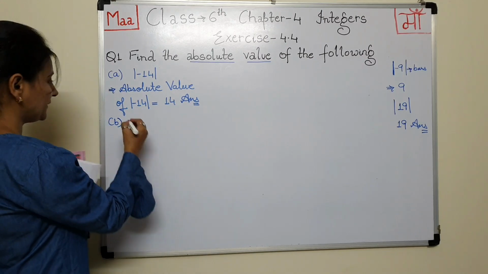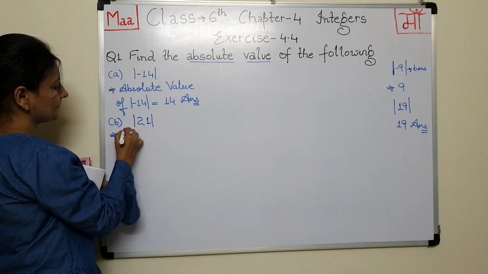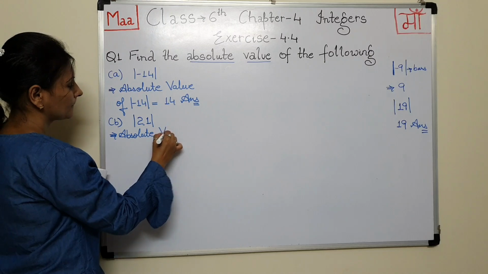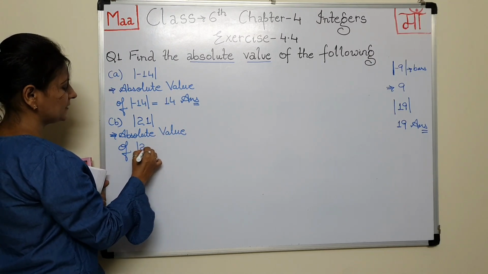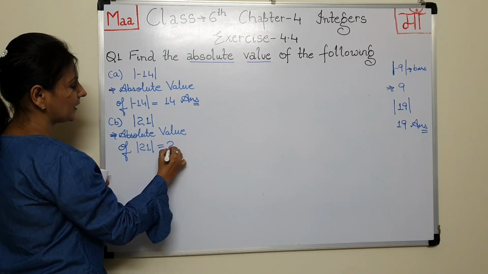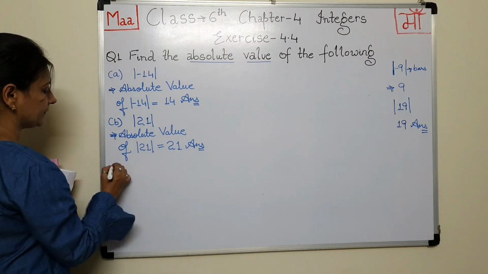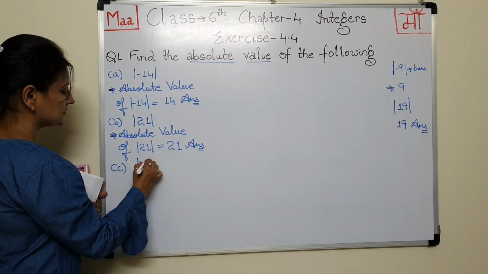Like in B part it is given 21. So you will write absolute value of, now the absolute value of 21 will come inside the bar. So outside the bar the answer will be only the numerical value, that is 21. Then similarly in C part it is 7.